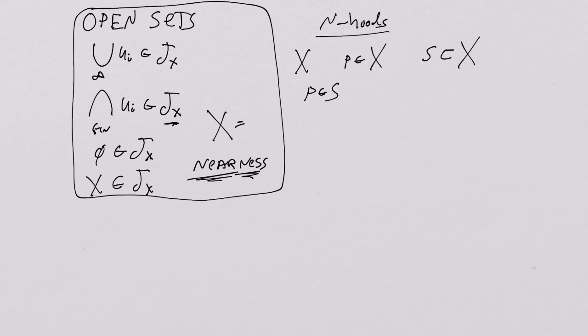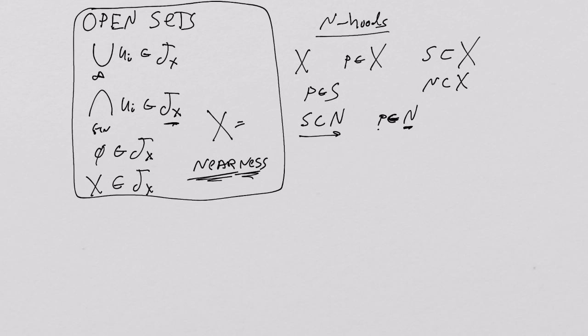The other thing is that if S is a neighborhood of P, and S is a subset of N, where N is yet another subset of X, then N is also a neighborhood of P. Just because P is an element of N doesn't necessarily mean it's a neighborhood. But if N contains a neighborhood of P, then N is also a neighborhood of P.